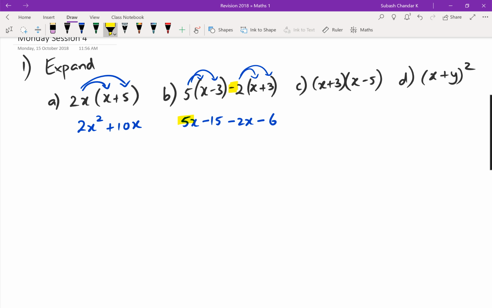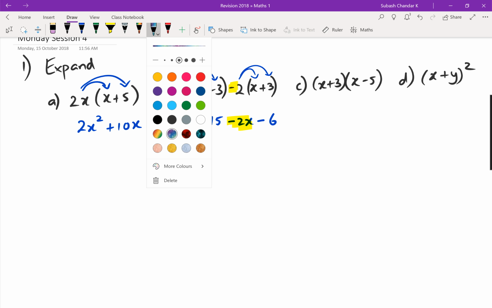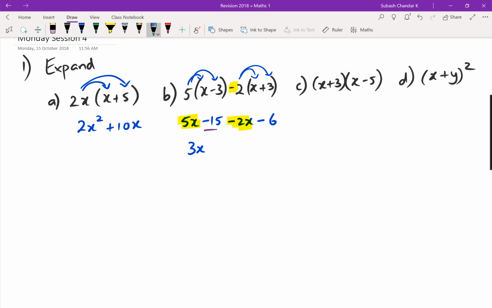At this point, you need to combine your like terms. So 5x minus 2x is 3x. And then the 2 numbers you need to put together give negative 21. Okay?